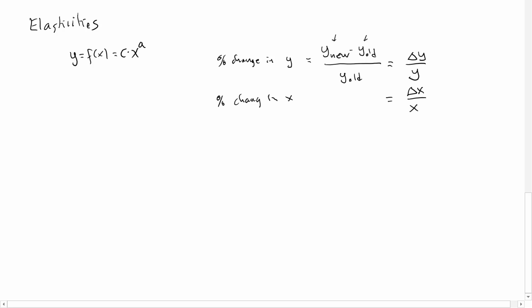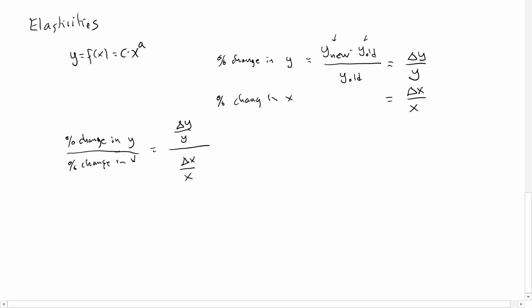So if we look at the ratio of these two, the percentage change in y over the percentage change in x, we see that that's equal to delta y over y divided by delta x over x.